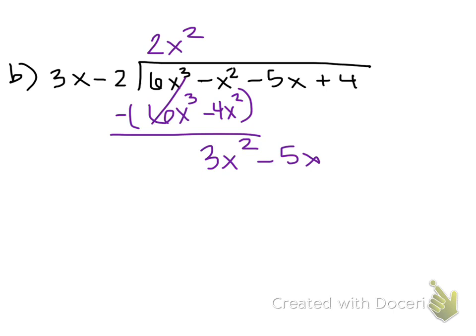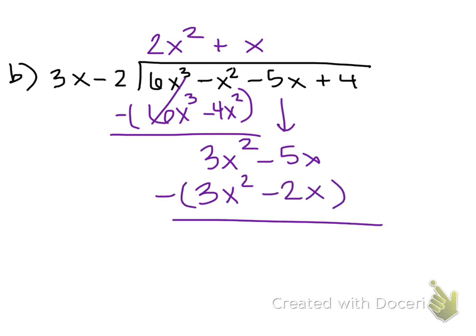I drop the 5x. So up here will just be x. I distribute that, so I get 3x squared minus 2x. We're subtracting, they cancel. Negative 5 minus a negative 2 will turn into negative 5 plus 2, which will be negative 3x.